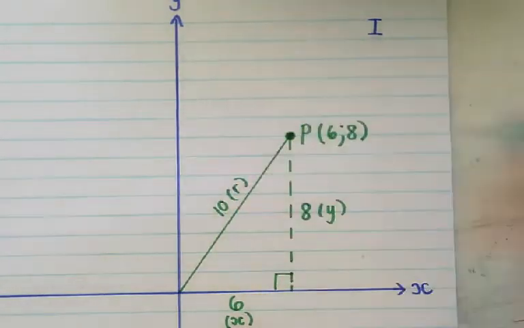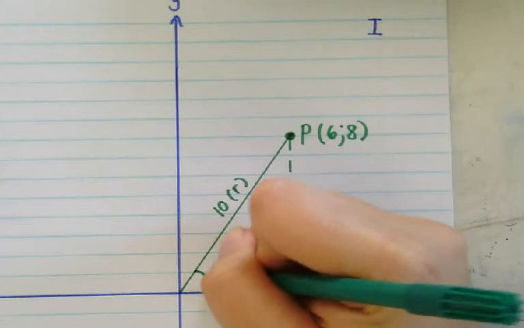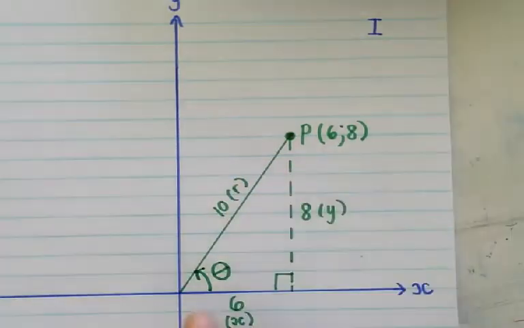And that is my R value. Theta is the positive angle from the x-axis to the point where it meets the line. So it's a positive theta value.